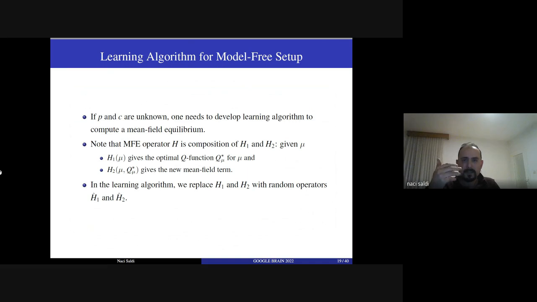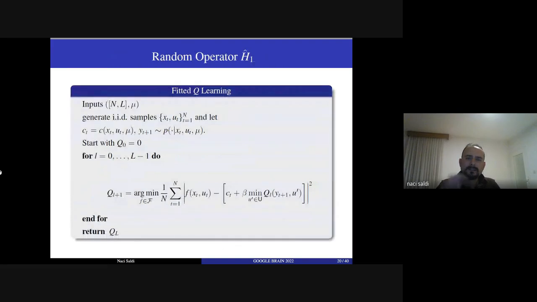Given any mean field term mu, H1 computes the optimal Q function, and H2 computes the mean field term using the current mean field term and the corresponding optimal Q function. Therefore, in the learning algorithm, by doing some simulations, we will replace these H1 and H2 with random operators H1 hat and H2 hat. This is the main idea, and this is the description of the random operator H1 hat.